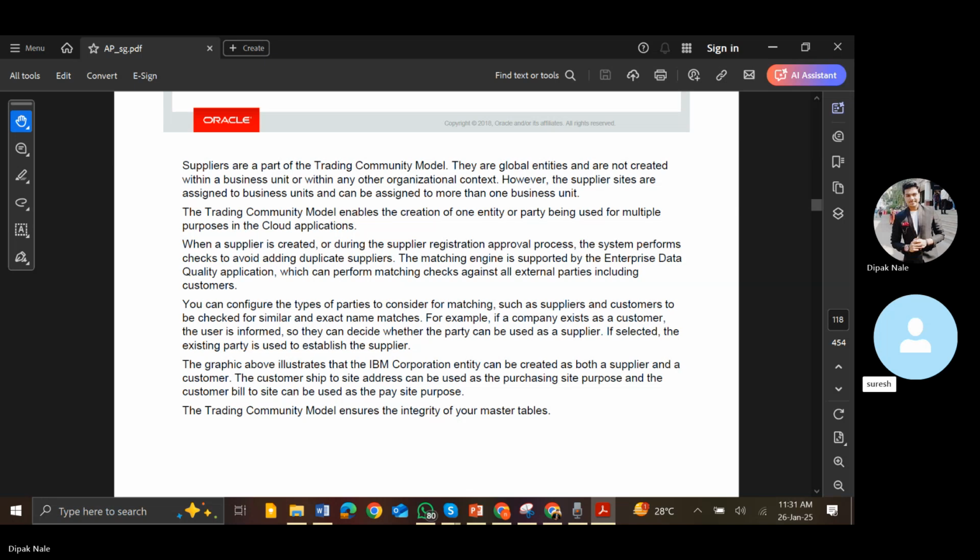So what is the difference between supplier and trading community model? In trading community, there are different units, one for purchasing and one for billing.